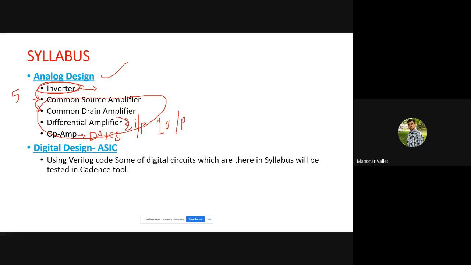For digital design, as I mentioned in the syllabus copy, using Verilog code, some of the digital circuits in the syllabus we will test in the Cadence tool. This is about the syllabus of the VLSI lab.